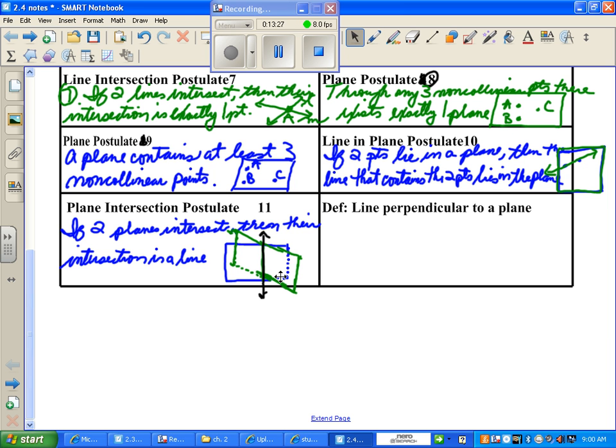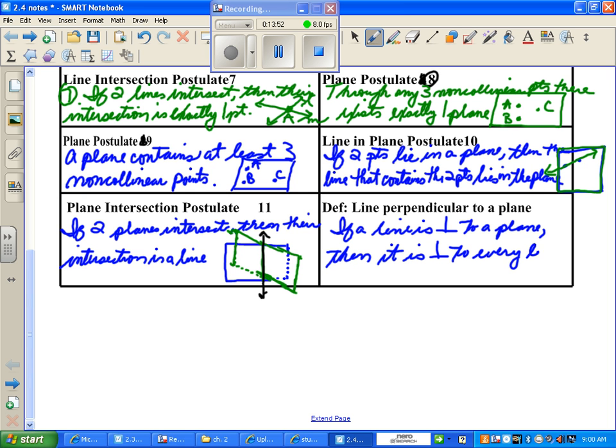Okay, so saying if a line is, here's your symbol for perpendicular, if a line is perpendicular to a plane, then it is perpendicular to every line in the plane at the point of intersection.